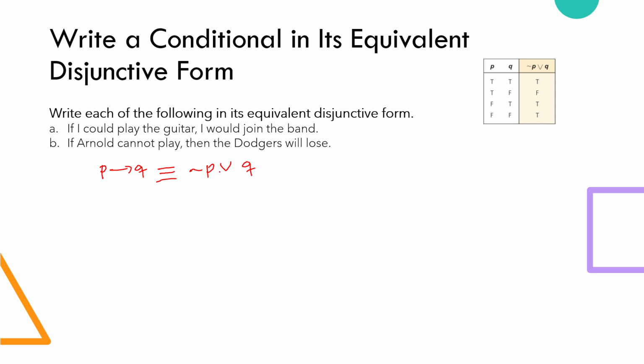If we're going to restate this one in letter A, so if I could play the guitar, this is our P, and I would join the band, this is our Q. It's the same as stating that if I could not play the guitar, we will have the negation, or I would join the band.